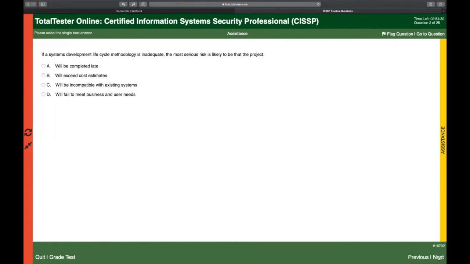Number 2, if a system's development lifecycle methodology is inadequate, the most serious risk is likely to be that the project, what? I think we've seen this one before. Anyone ready?